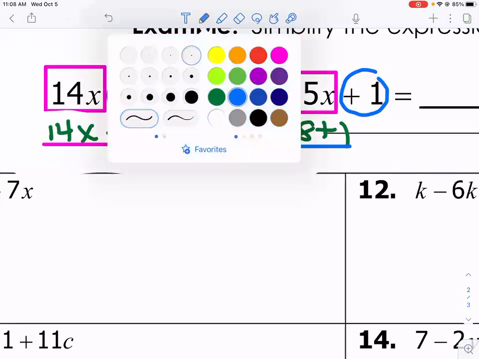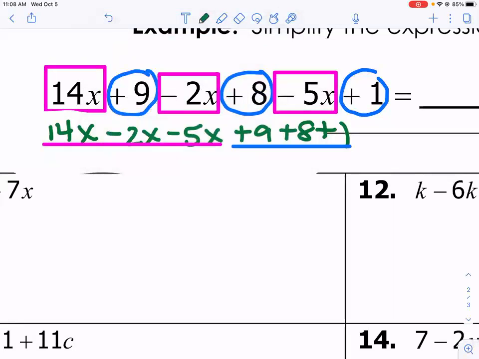Now at this point, we are going to combine our x's together, and we are going to combine our constants together. So let's talk about how we do 14x minus 2x minus 5x. Jada, how do we do it? We're going to add the coefficients together and keep it with x.